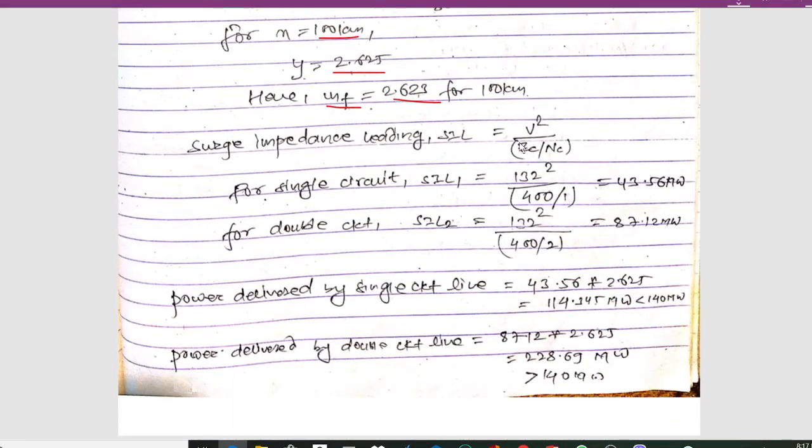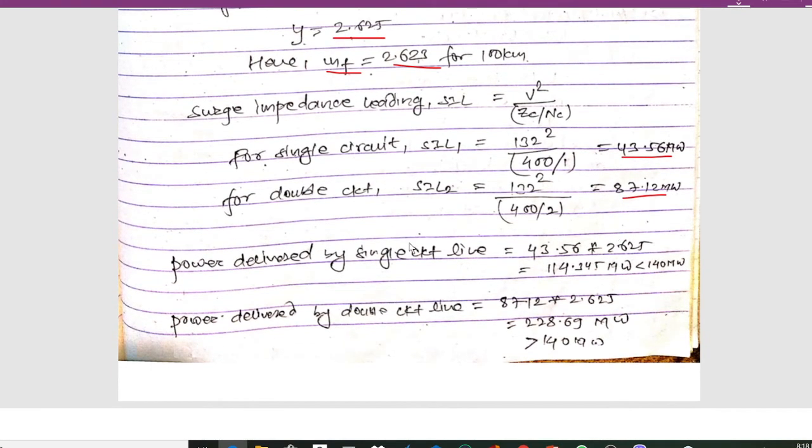So in place of V we have 132 and ZC as 400, and for single circuit NC equals 1. On calculating we will get 43.56 megawatt. Similarly for double circuit lines, 132 square upon 400, and NC for double circuit will be 2, so you will get 87.12 megawatt.